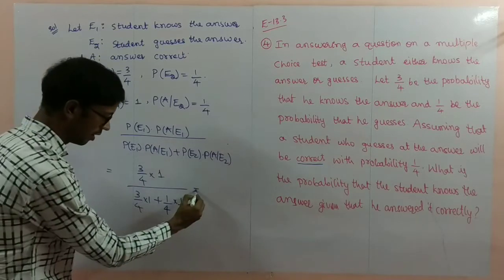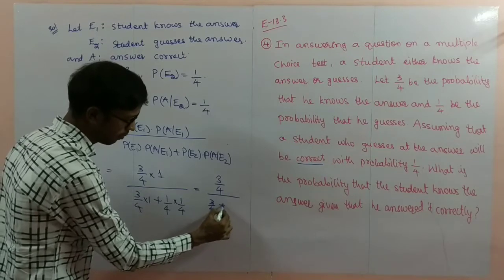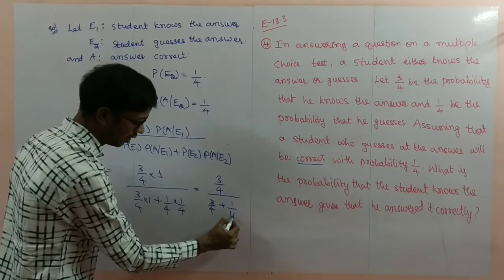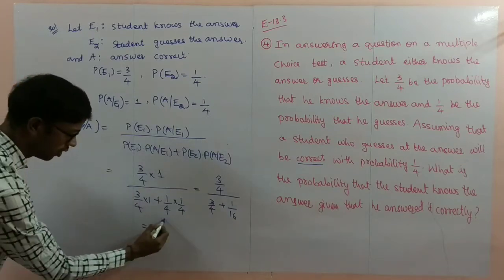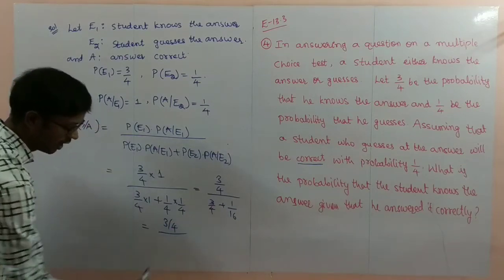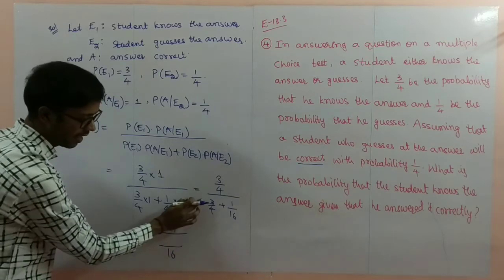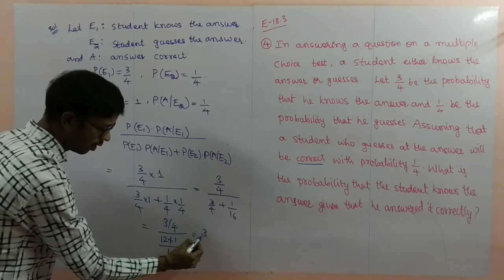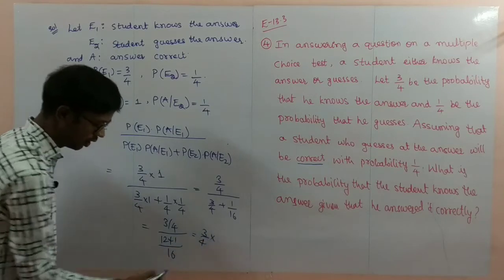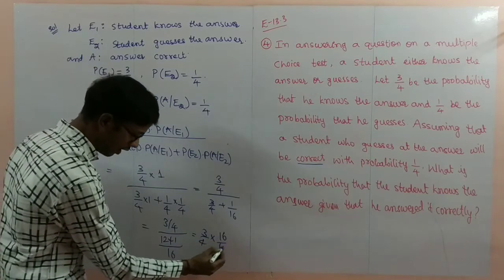If we simplify, 3 by 4 divided by 3 by 4 plus 1 by 16. Now 3 by 4 divided by, taking the LCM 16, 12 plus 1 over 16. It is 3 by 4 into, reversing this one, 16 by 13.